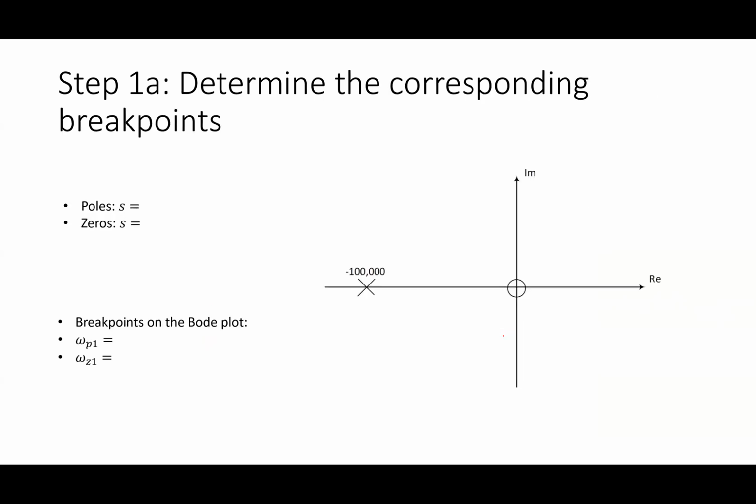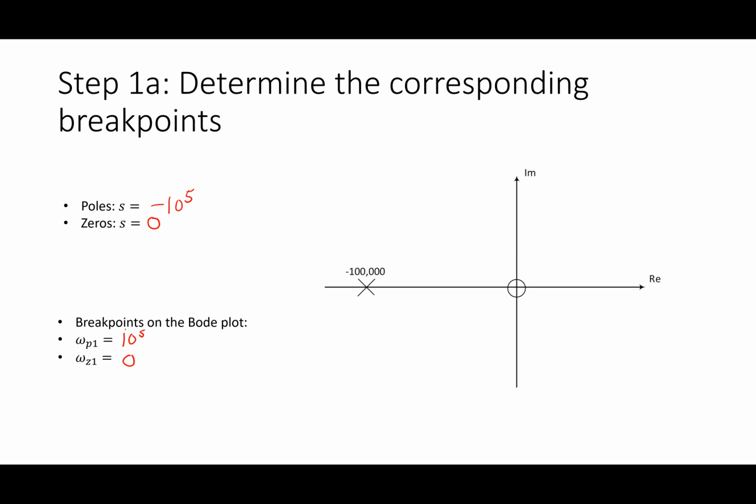If my pole is at s equal to negative 10 to the 5th and my zero is at s equal to 0, I talk about my pole breakpoint and my zero breakpoint. The zero breakpoint is at omega equal to 0. Where's my pole breakpoint? It's going to be at 10 to the 5th.